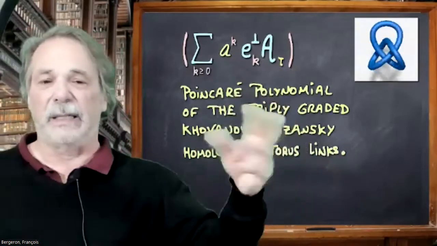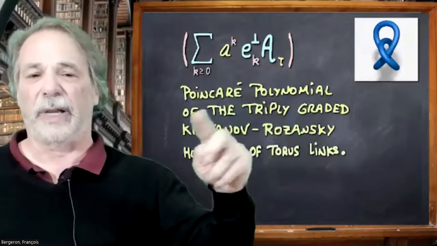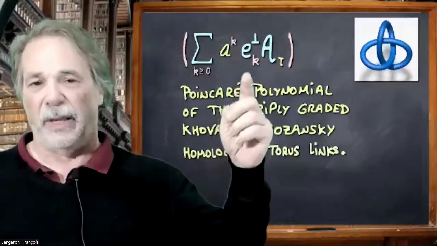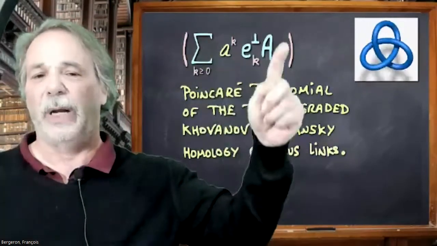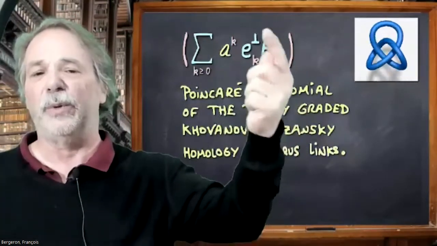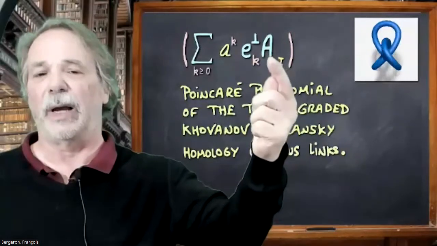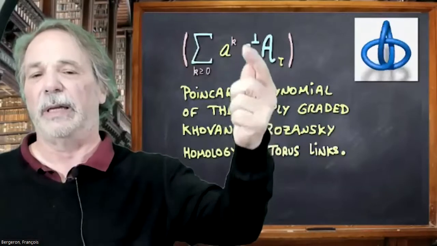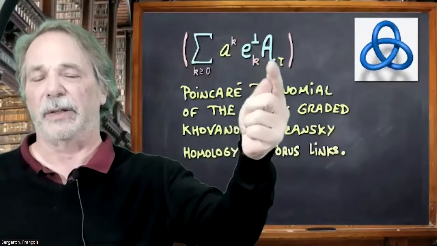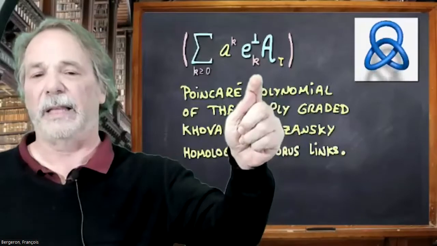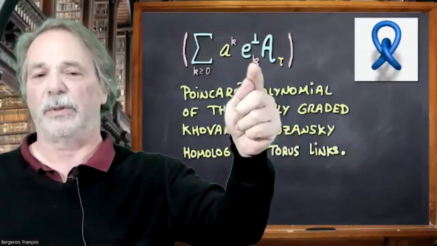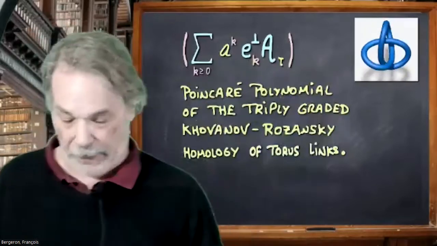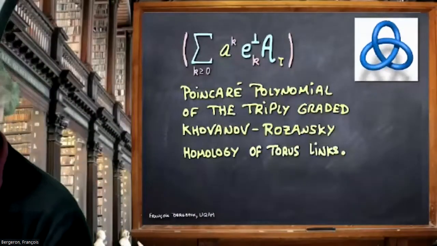And calculating these Poincaré polynomials is very complicated. But here we have a simple formula if we agree to use these A tau, because the reason why the A tau are needed is because to do the calculation here, I'm going to explain this in the next slide, you need more parts. And at the end of the story, you put QT. So it's very strange.